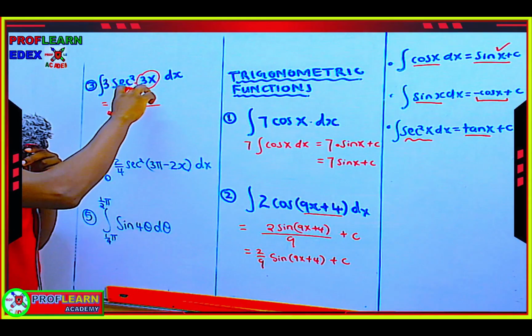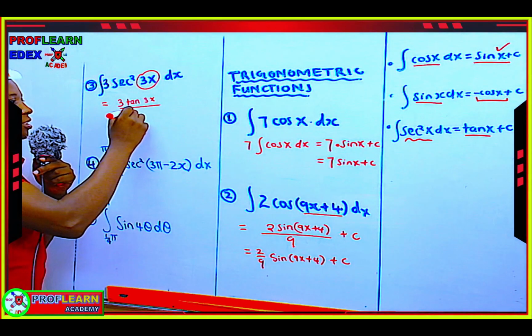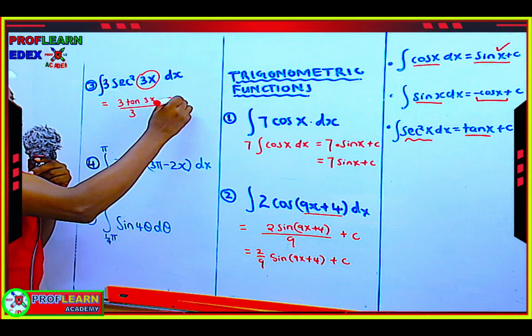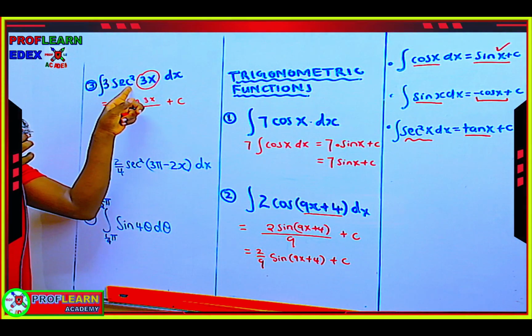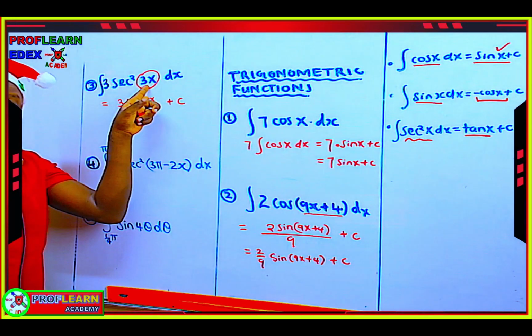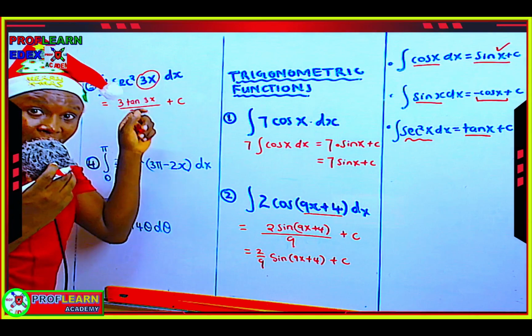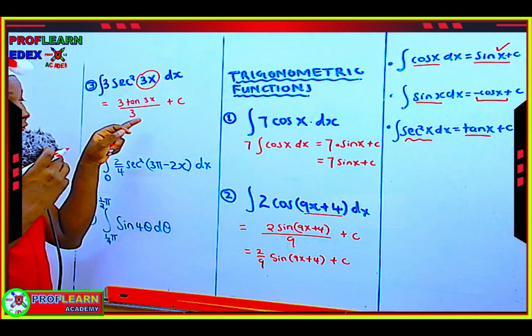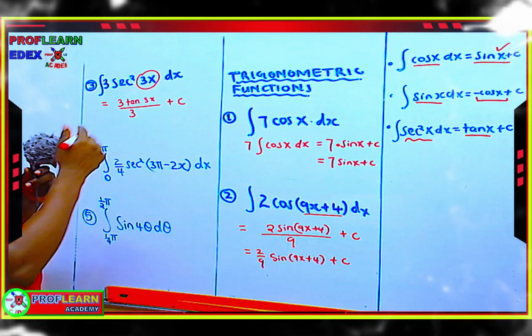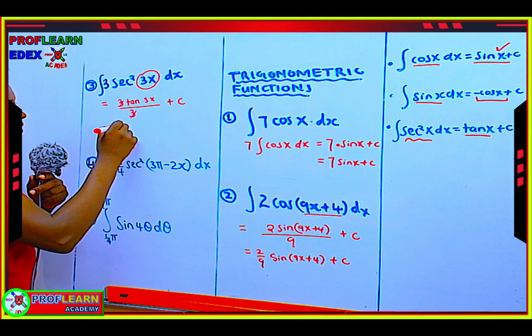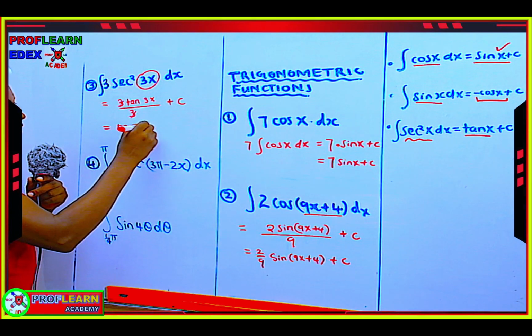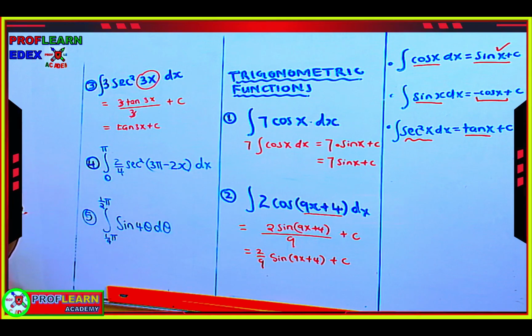You differentiate 3x, it will give you 3, then you divide by it, then you say plus c. So the moment you integrate this part, you check what you have inside, you differentiate it, then you divide by it. Finally, this and this will cancel out, and we end up having tan 3x plus c.